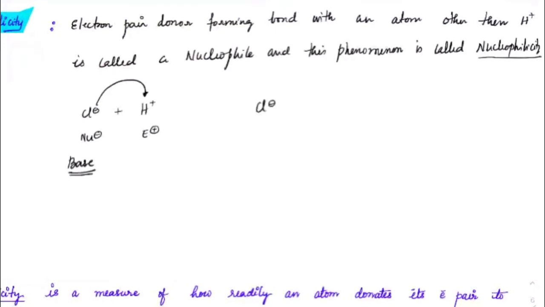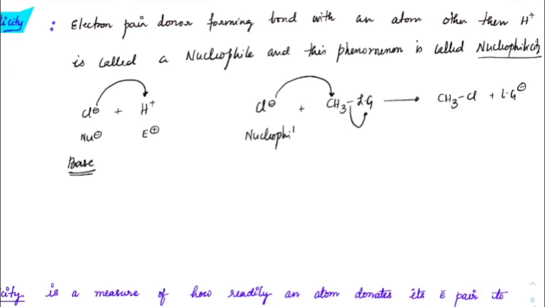But if the same Cl minus is interacting with something like CH3 by leaving this group here, and we get a bond, CH3Cl plus Lg minus, this type of interaction we strictly call a nucleophile. And this phenomenon of attacking an atom other than hydrogen is called nucleophilicity.